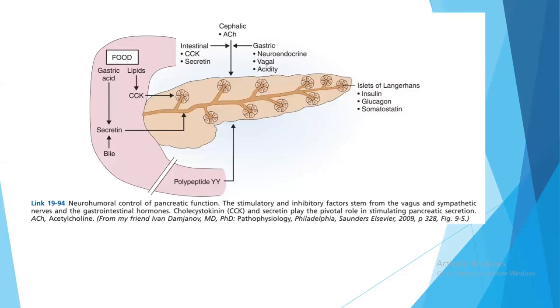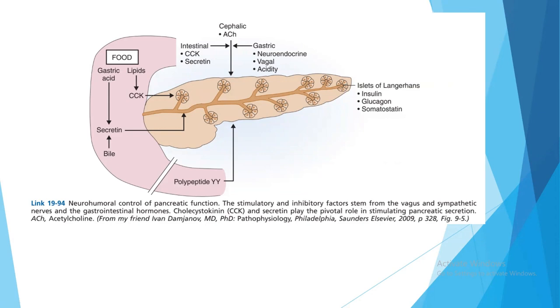Also, when we ingest food, there is a secretion of gastric acid and lipids. The gastric acid leads to an increase in the secretin level, and the lipids lead to an increase in the cholecystokinin level, which leads to movement of the acini.